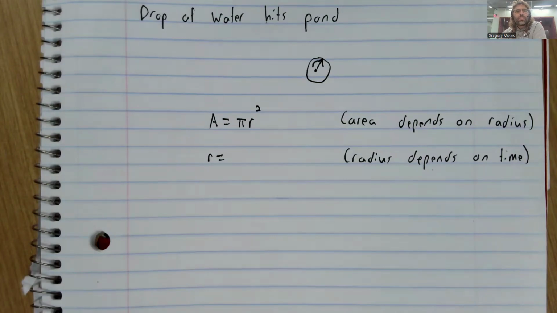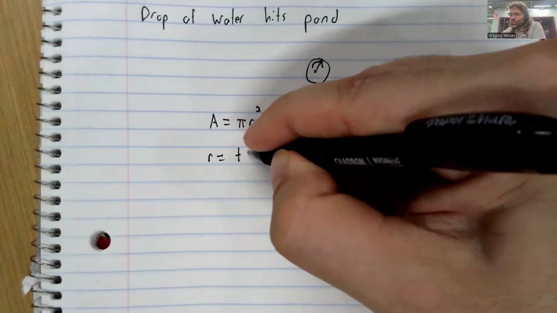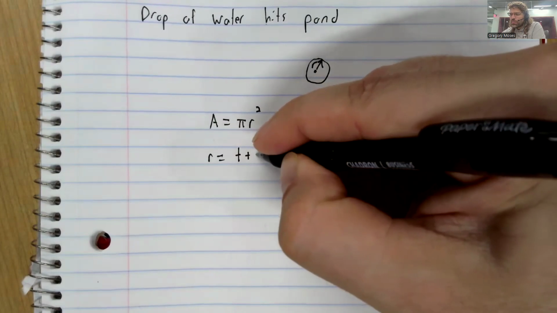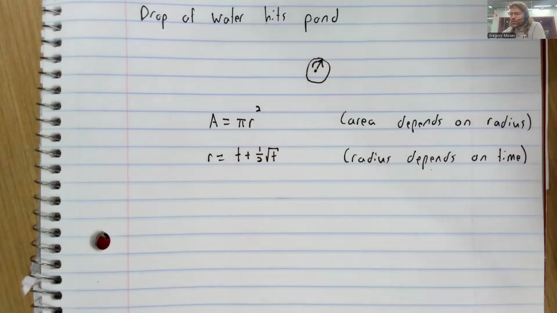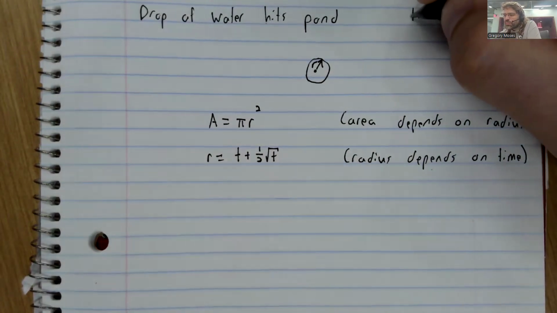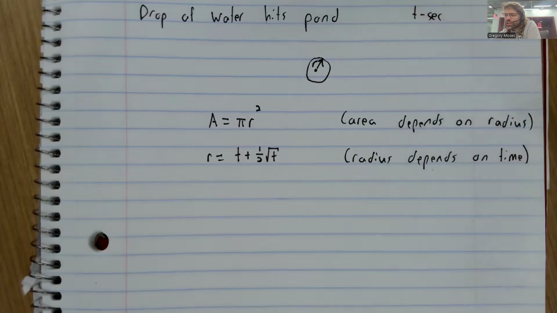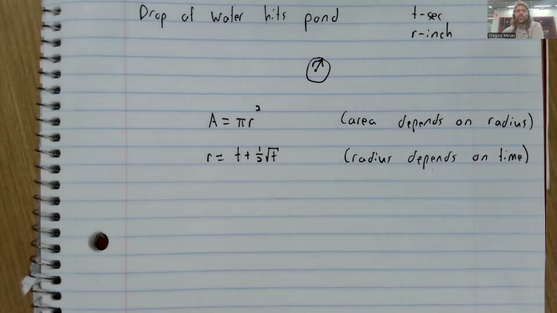Let's just set one up. Maybe the radius is t plus 1/2 the square root of t. And I guess we ought to have units here. t can be measured in seconds. r can be measured in inches.